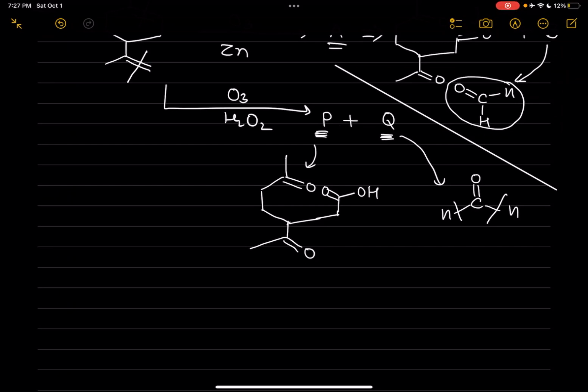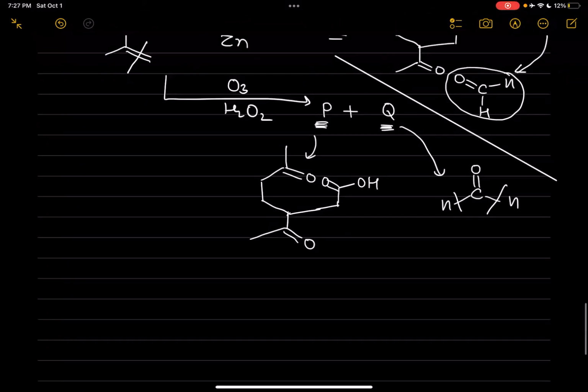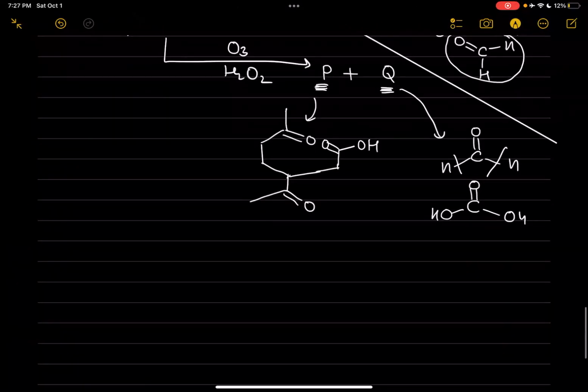What it will form ultimately? So it is going to form OH and OH. Clear? This is which molecule? This is carbonic acid.